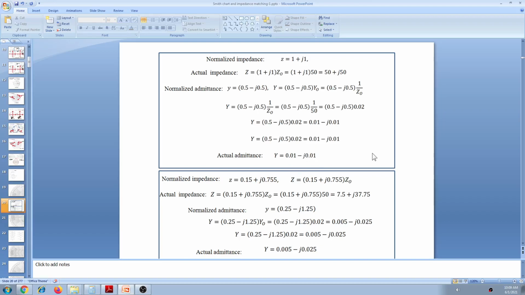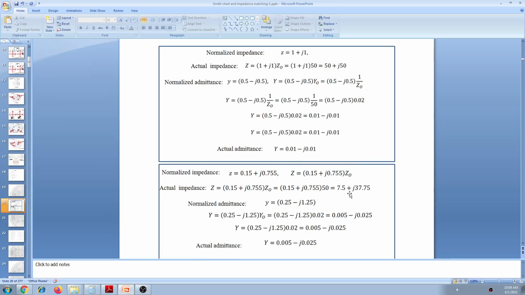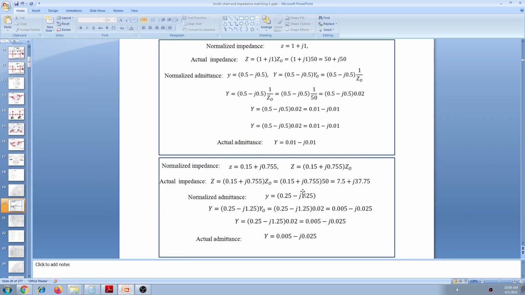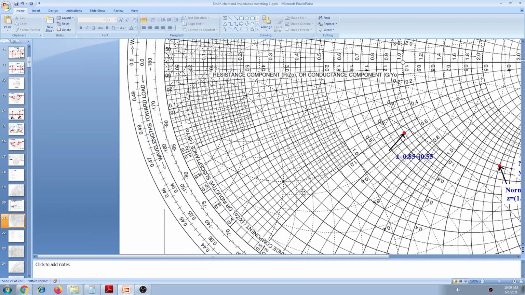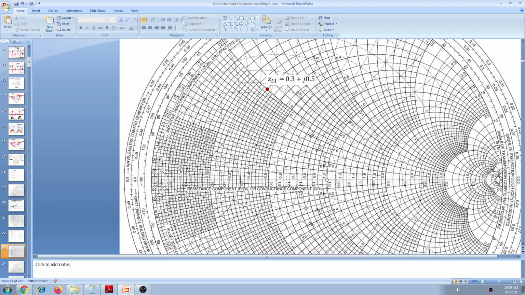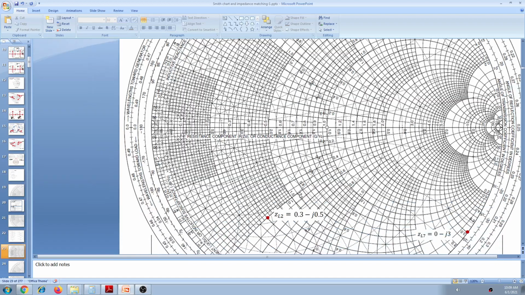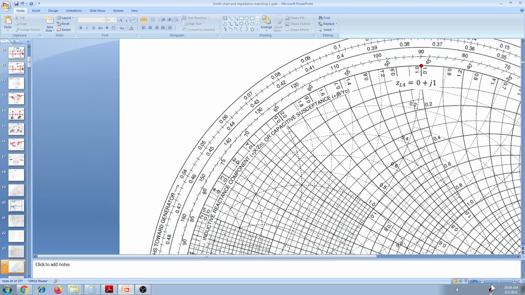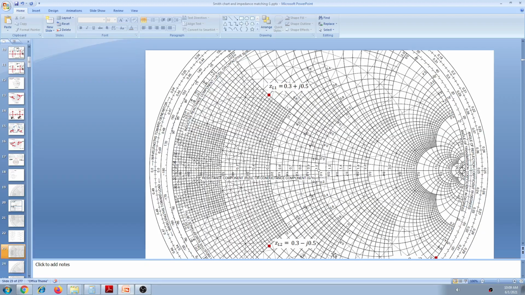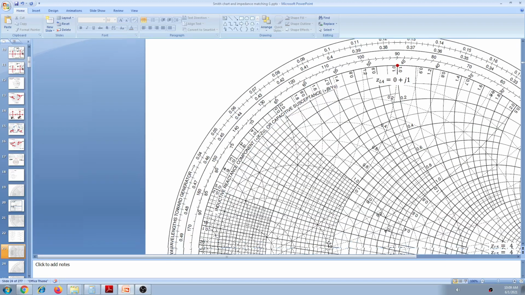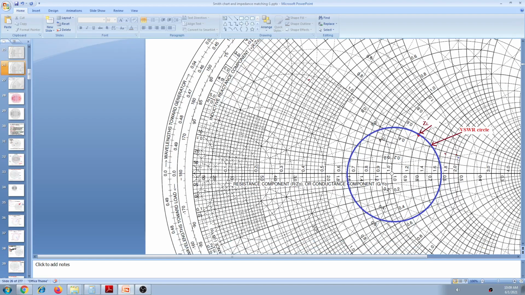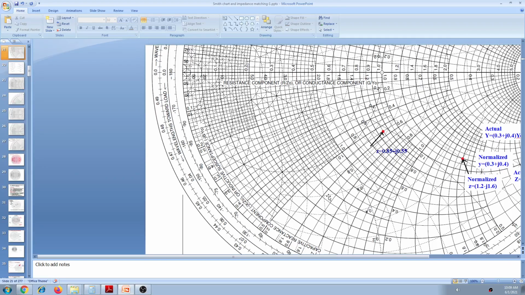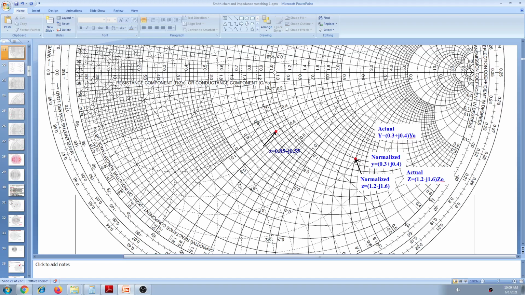Okay, you try. Similarly, this is one example we did. Similarly, one more example here. Okay, so here impedance is given.